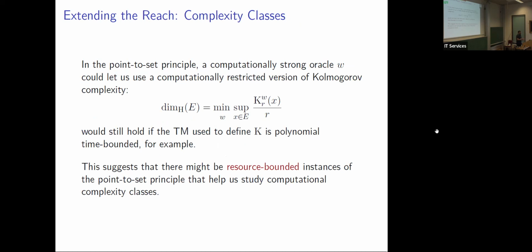Like you have this really strong oracle that's helping the Turing machine that's doing the decoding. So that Turing machine could actually be computationally weak since it has access to this oracle. So, for example, we noticed that you could just require that Turing machine to be polynomial time bounded, and this would still hold. So that suggests that maybe there are resource bounded instances of the point set principle that we could use to study computational complexity classes.